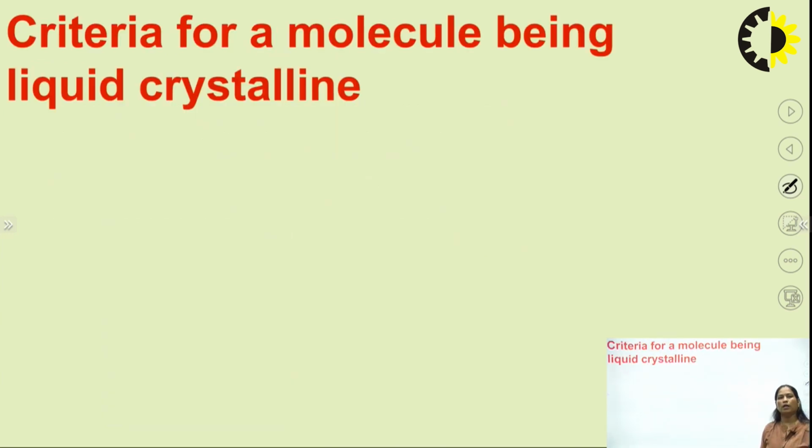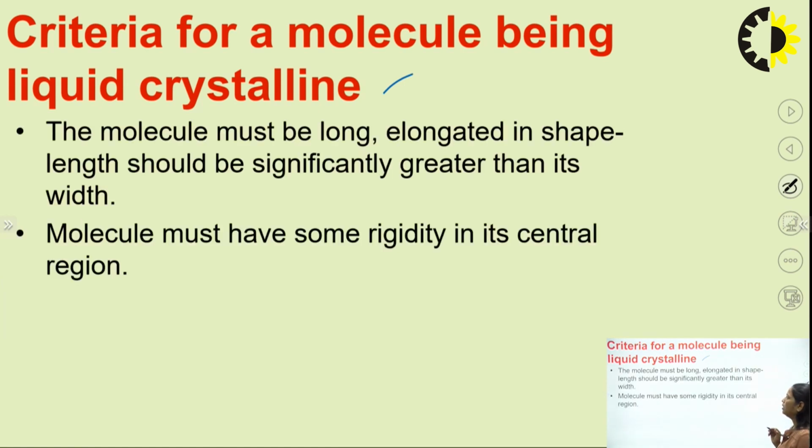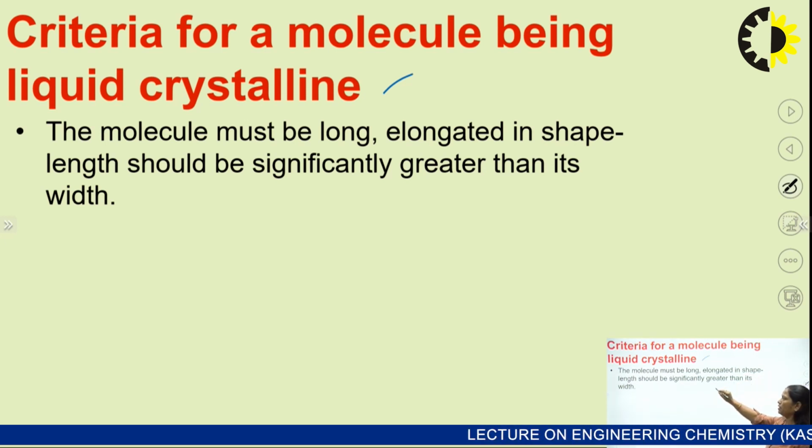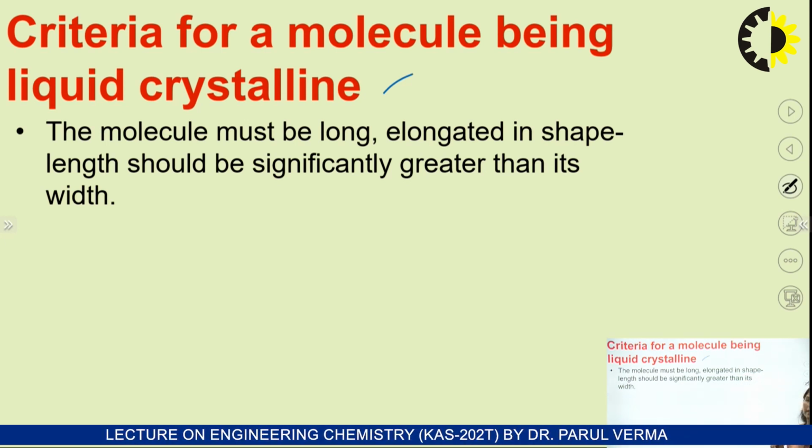Now coming to another aspect: are all molecules able to form this liquid crystalline state? No. Only few molecules are able to form this liquid crystalline state. What are these properties? First one is that the molecule must be long, elongated in shape, length should be significantly greater than its width.